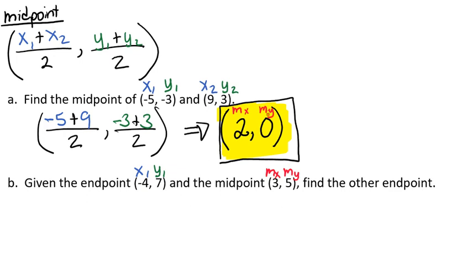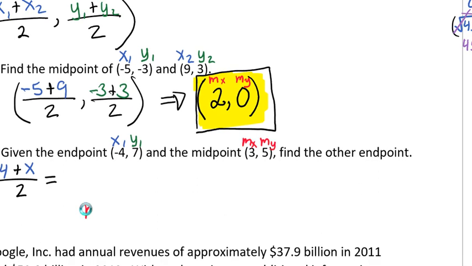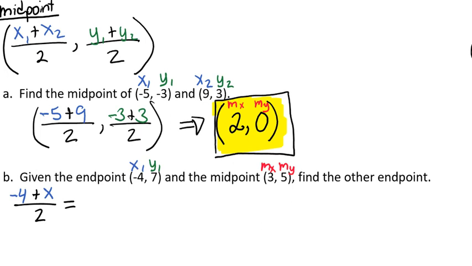Okay? So if we were to use our equation, we would put in that we know the -4 plus, but we're missing our x2, so we'll just put an x there, divided by 2, and we know that that is supposed to equal the midpoint of our x, right? The midpoint of our x value, which we know is a 3.